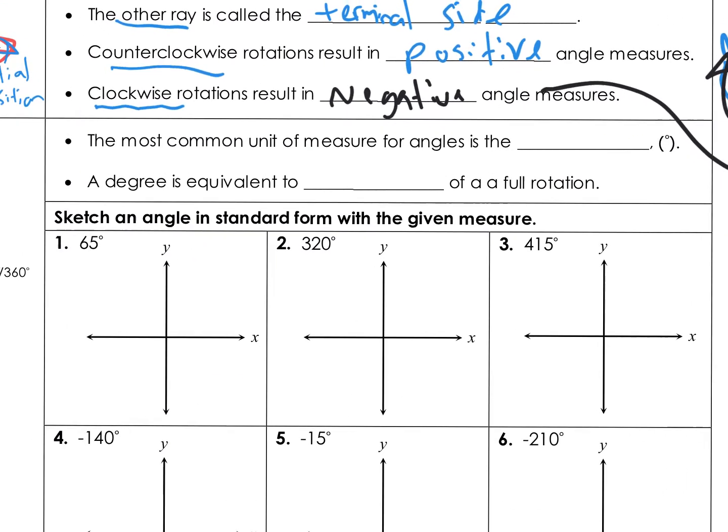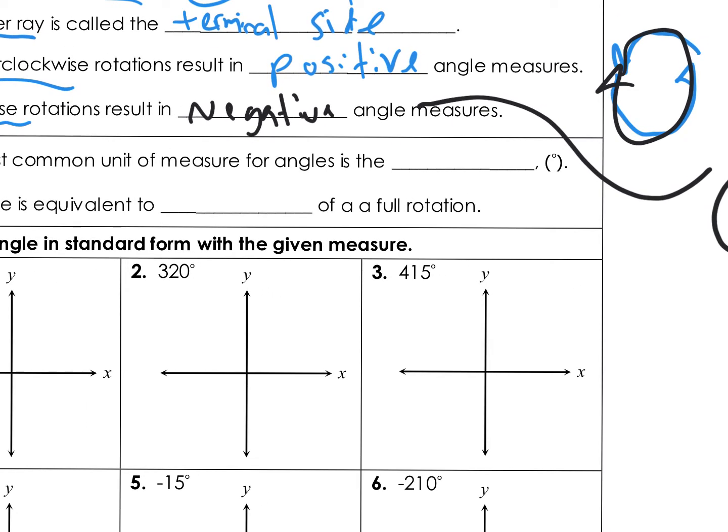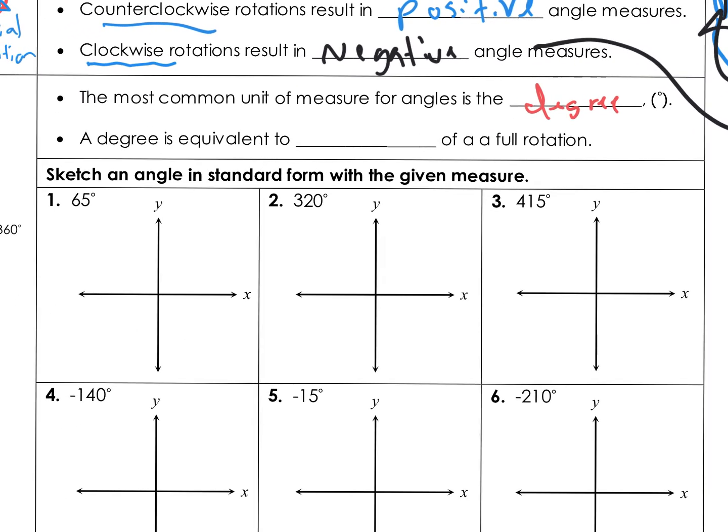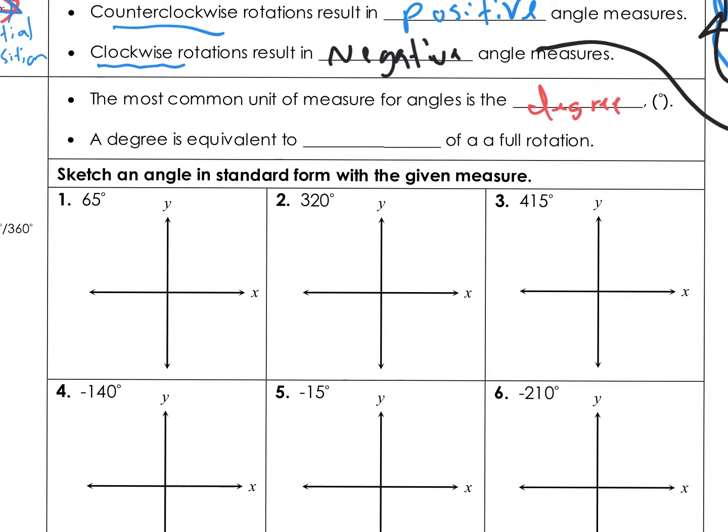The most common unit of measure for the angle is the degree. A degree is equivalent to something of a full rotation. 1 degree is how much of the rotation? 1/360? Where'd you get the 360 from?